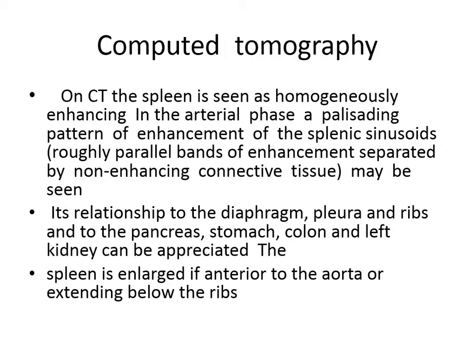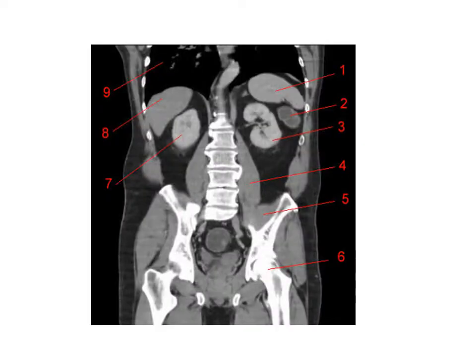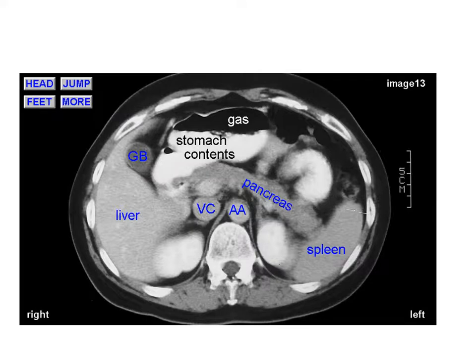On CT, we will have two different appearances of the spleen, in the arterial phase and in the venous phase. In the arterial phase, the spleen will show homogeneous or heterogeneous enhancement, then it will become palisading. And then it will become homogeneous in the venous phase.